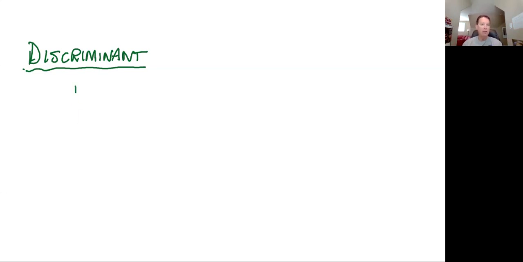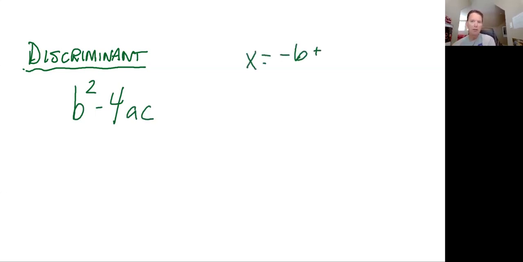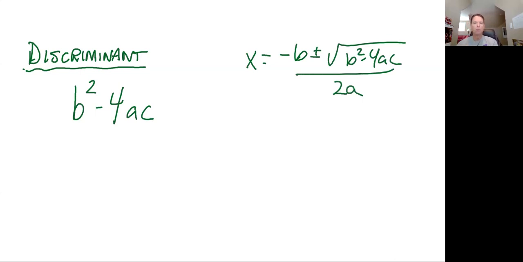The discriminant is simply the number b squared minus 4ac. Remember, the formula looks like this. Okay, the discriminant is only this number. It's not the square root, it's just the number. And here's the thing.